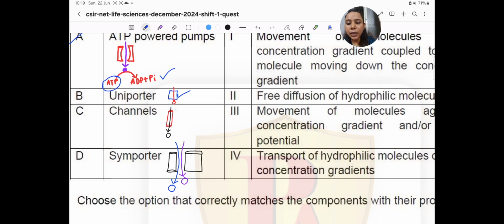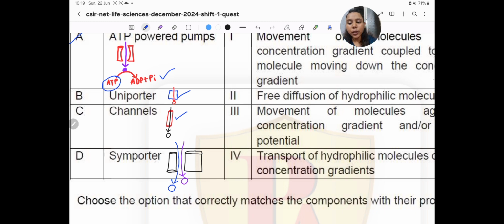Channel proteins create hydrophilic holes in the membrane, so that simpler molecules like water and some ions can pass through these channels. Basically, uniport and channels do not utilize energy. I have already said that uniport is a type of facilitated diffusion under passive transport.